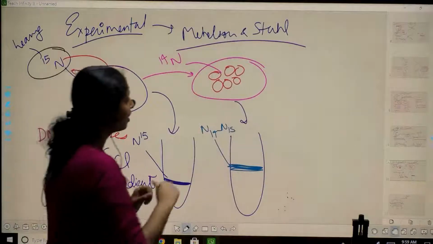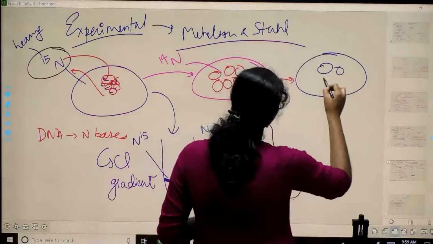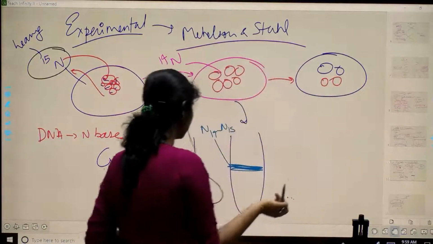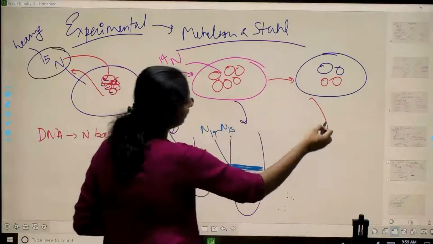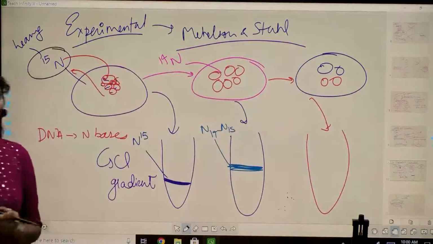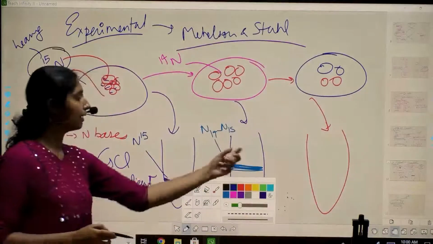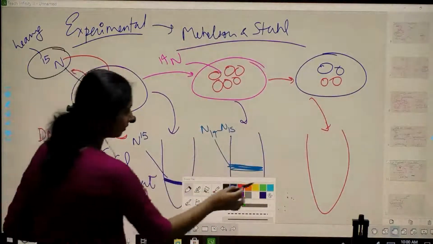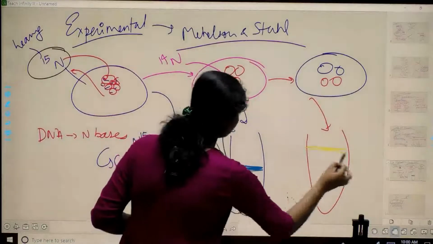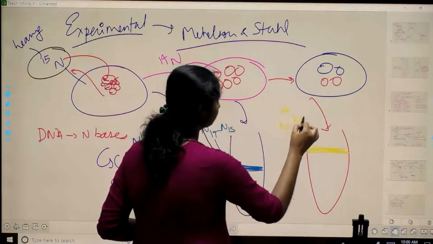Okay. Now after a few more generations, this scientist again took some sample for centrifugation. Now what did they observe? They got another band that was lighter compared to the other two bands. So this is the N14 band.